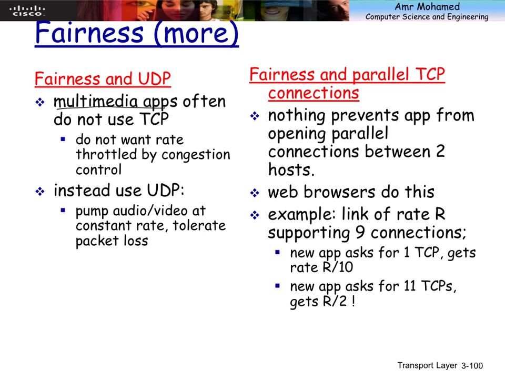For multimedia applications, they don't need the sophistication of TCP congestion control and flow control, in which case UDP might sound more attractive, especially for the ones that have real-time issues or focus on real-time streaming.